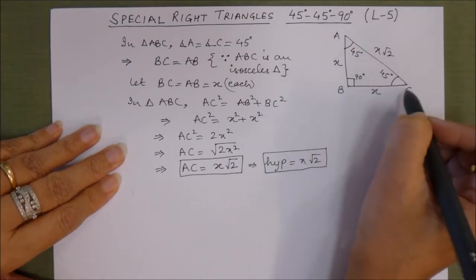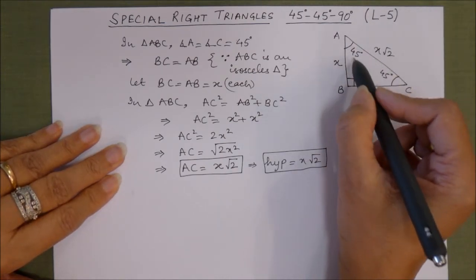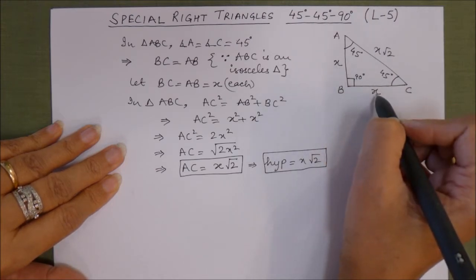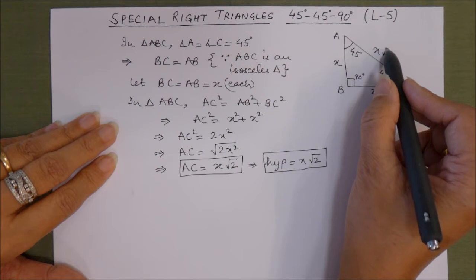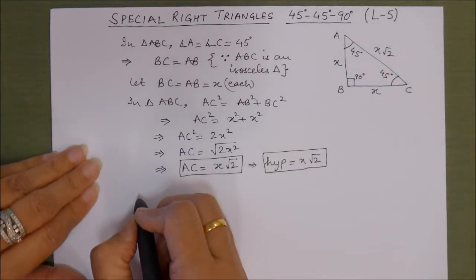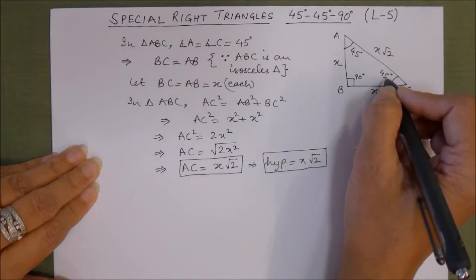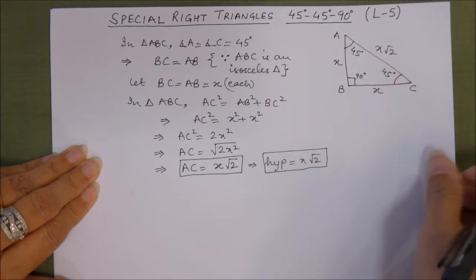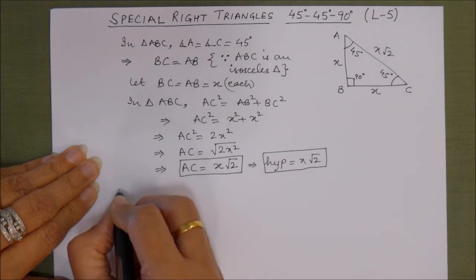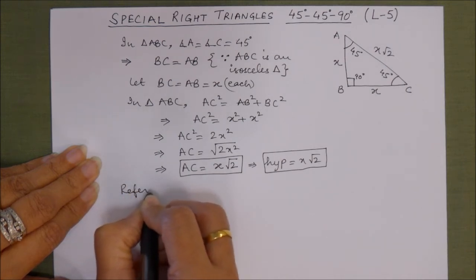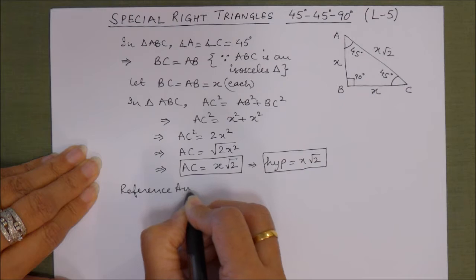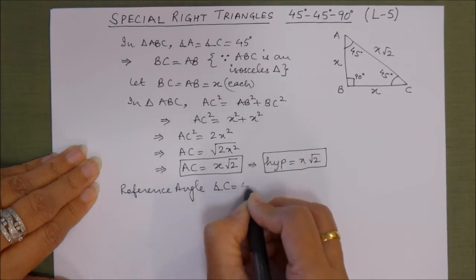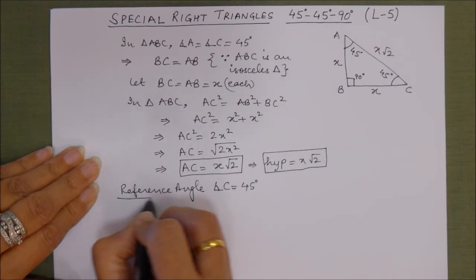That means in the right triangle in which the two angles are 45 degree each and the sides we have assumed as x, the hypotenuse will be x under root 2. Now we find the trigonometric ratios of the angle 45, whether we take A or C, it will be equal in both the cases. So let us take the reference angle C, which is 45 degree.